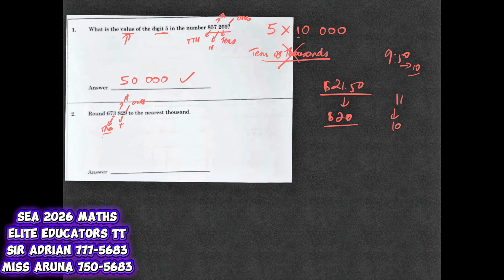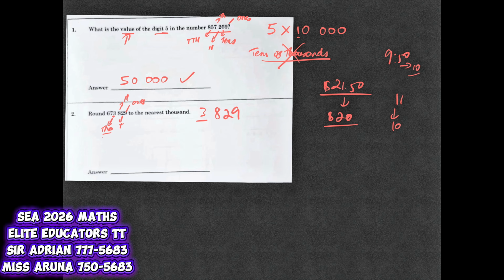Now, there are rules when we must approximate and we must round things off. So we determined the 3 is in the thousand section, but what the rule states is that we do not look at the 3. We look at the number before the 3, and the number is 8.